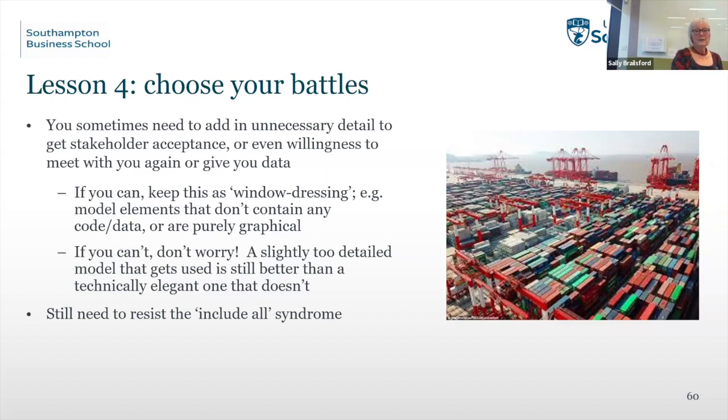So ideally, in that situation, add it into something that you don't need to do a lot of coding for, or things that don't actually do anything in the model, but you put them there because it'll keep the client happy. But even if you're forced to add something in, otherwise they won't listen to you or meet with you again or give you data, it's still better to have a model that is too detailed but gets used, rather than one that doesn't.